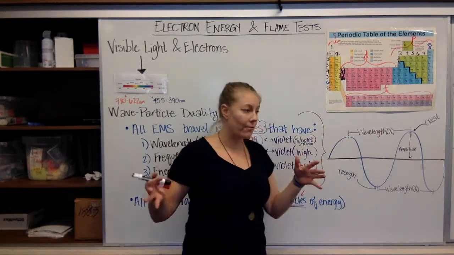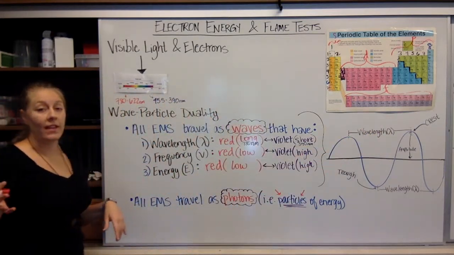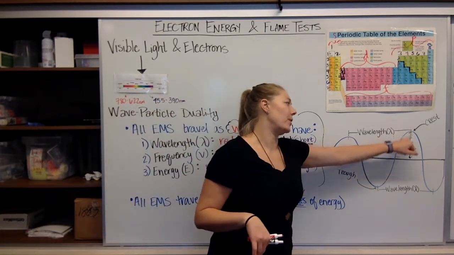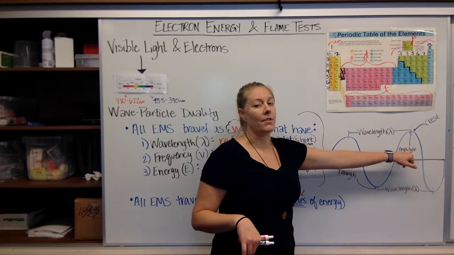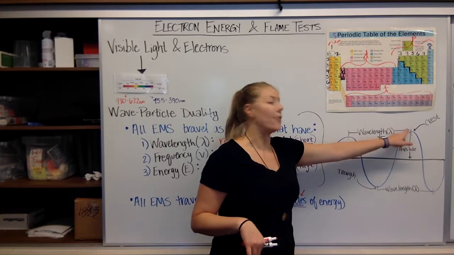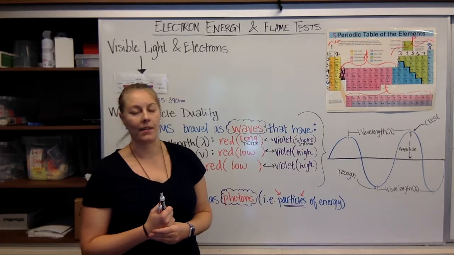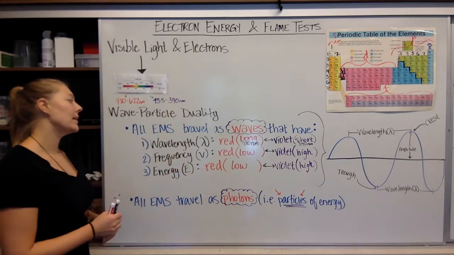The longer the wave, the lower the energy and the lower the frequency. The amplitude, we don't talk about much, especially with EMS, but it is just the height from a crest to the baseline, or from a trough up to the baseline, the middle of the wave.